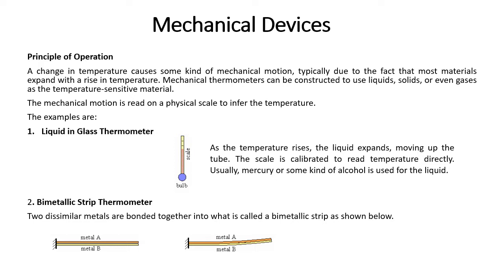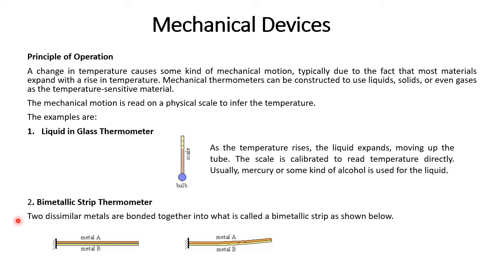For example, the first one is the liquid-in-glass thermometer, where there is a bulb, and as the temperature rises, the liquid inside the thermometer expands and moves up the tube. The scale is calibrated to read the temperature directly. Usually mercury or some kind of alcohol is used as the liquid, and once the temperature increases, it expands and you can see the temperature on the markers.